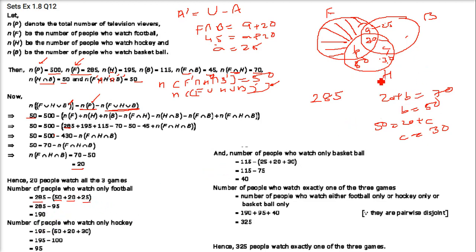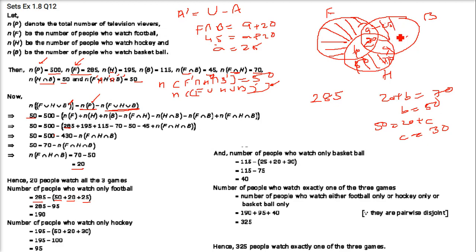This is 190. Now coming to the number of people who watch only hockey. Total of H is 195 minus B, which is 50, minus 20, minus C, which is 30. Subtract 50 plus 20 plus 30 from 195. It is 95, only watching H.